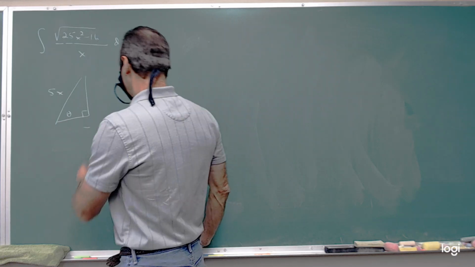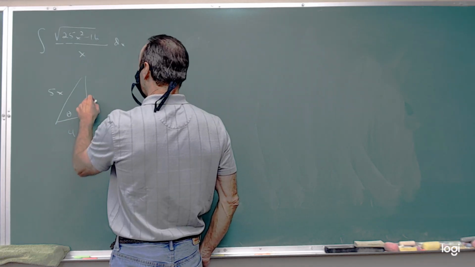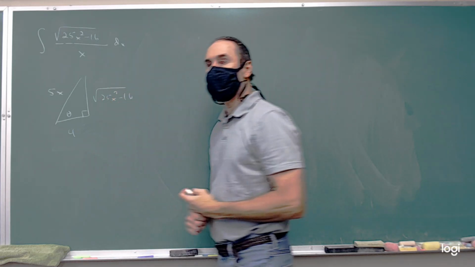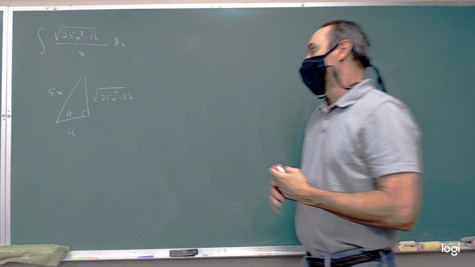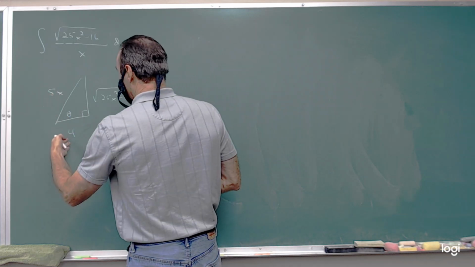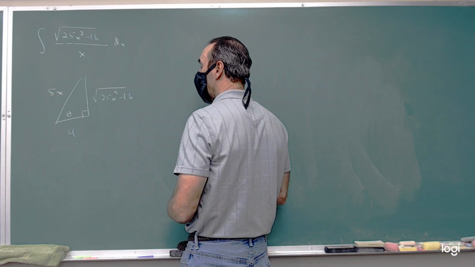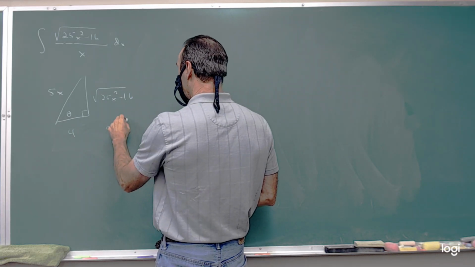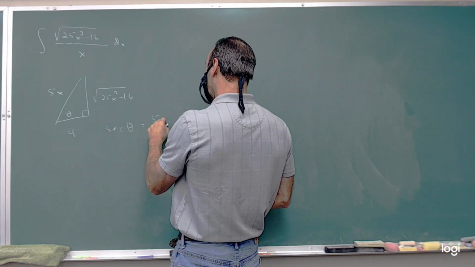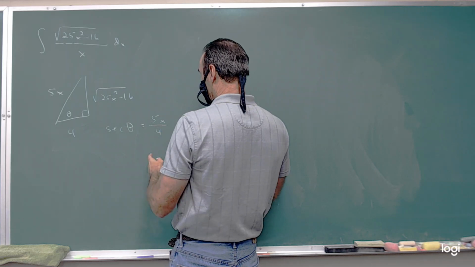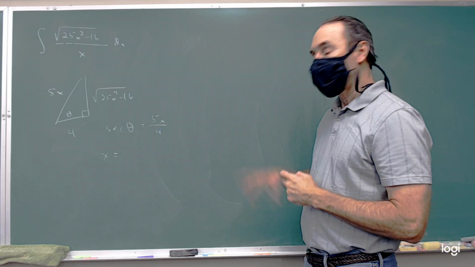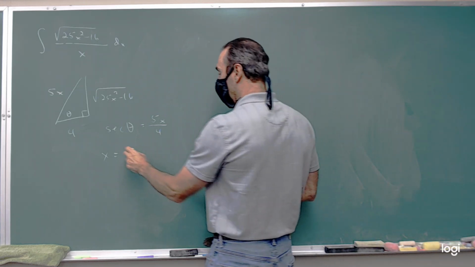But I'm going to go 4 here, and then the square root of 25x squared minus 16 there. Now, to connect the x term with the constant 4, we're going to call that a secant. So a secant of theta is hypotenuse over adjacent. We want to get the x by itself. So we'll multiply by the reciprocal to the other side.